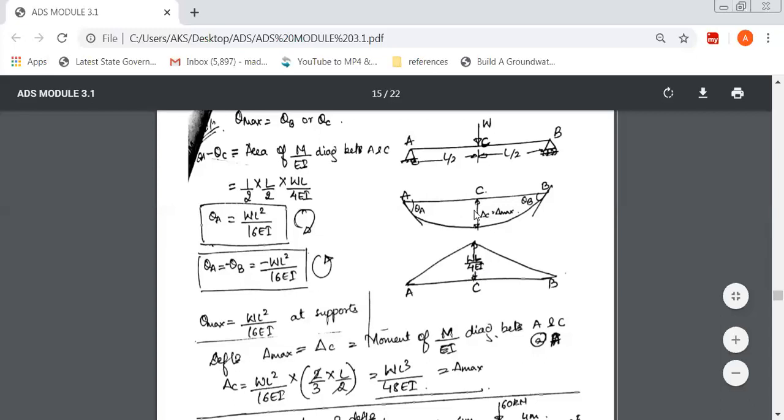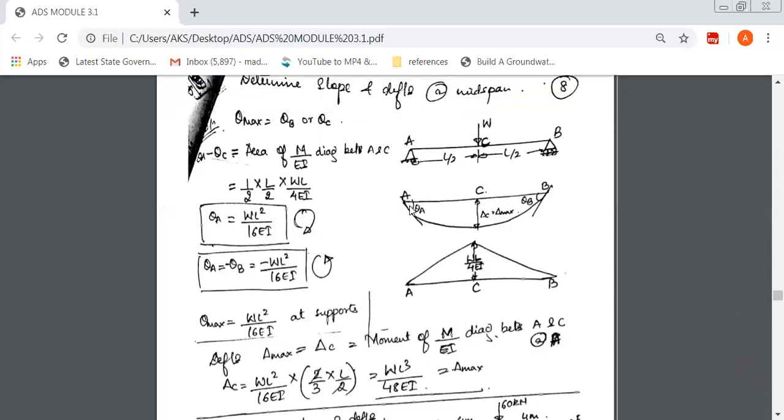If you want to find theta A, only the part between A and C will be taken care of, because theta C is the reference point and theta A is the rotation you are supposed to find. This is symmetrical about this axis, so finding theta A is as good as finding theta B, but of course, only the sign changes.